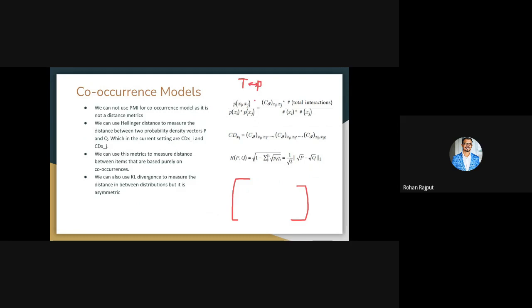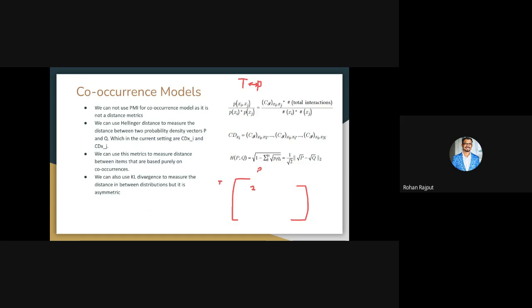So in our interaction matrix, we can see that these two items, this is t-shirt T and this is P, always occur together, like two times. This co-occurrence model tells us how likely these two things are to come together. This is very important in certain natural language processing tasks, where we try to understand which words come together.